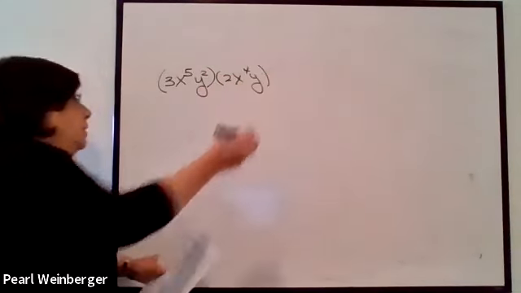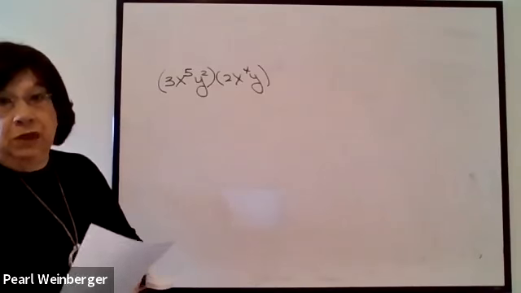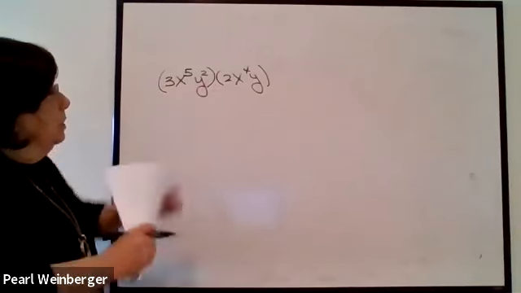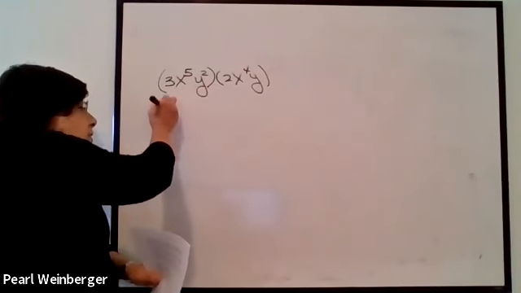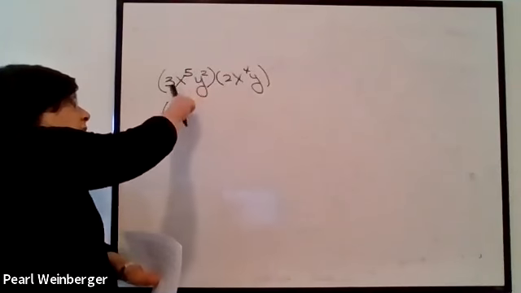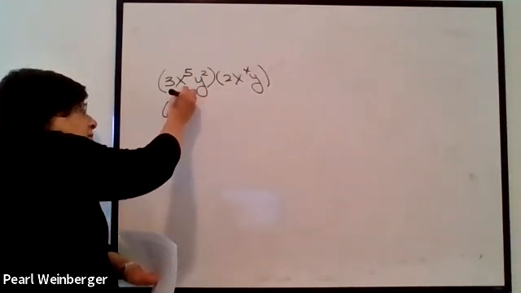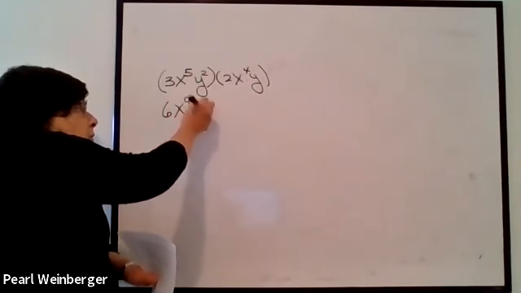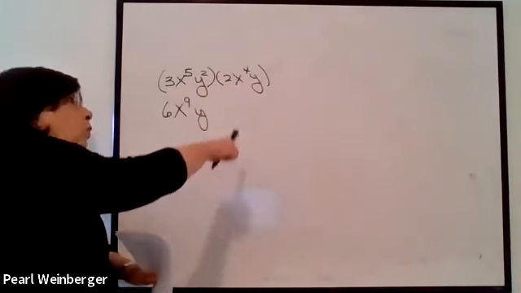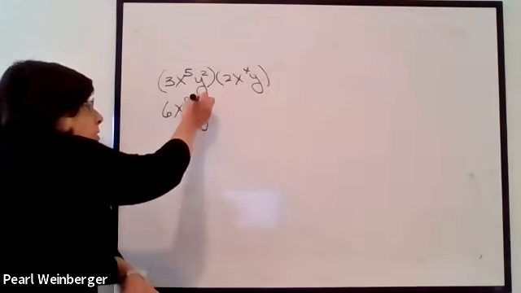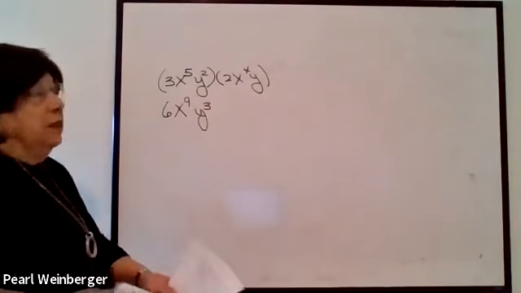If you remember, when we multiplied these, we would multiply the coefficients, the numbers in front, together. 3 times 2 is 6. When it came to the variables, we multiplied them by adding their exponents. So we got x to the 9 and y. This is a 2 and this is a 1. Remember, there's no exponent written; it's understood to be 1. So that would be y to the third.